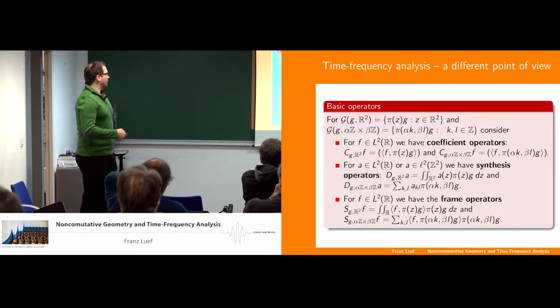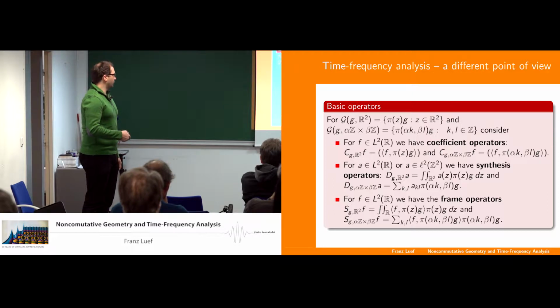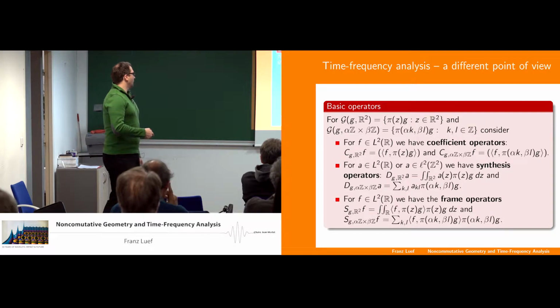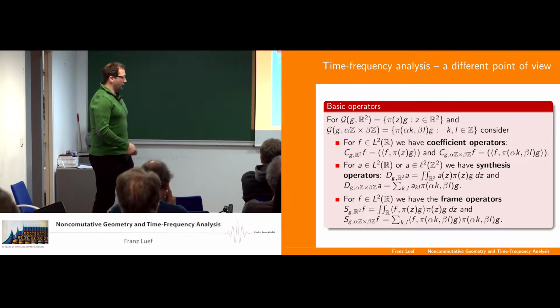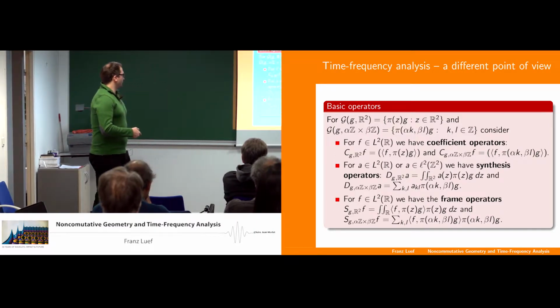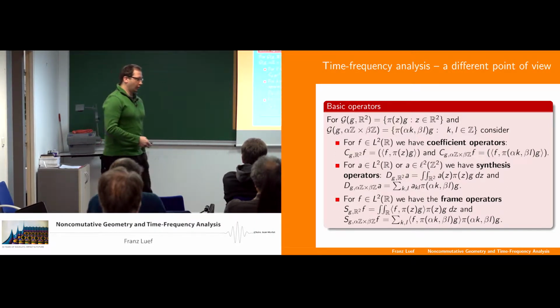Then there is a way of synthesizing things: you start with your coefficients and build a new function, and it is the same in the discrete case. And then for studying whether it's a frame or not, it has turned out to be useful to have these frame operators. So everything can be encoded in this way. So now, on the next few slides, I would like to move from the system acting on g to operator algebras.